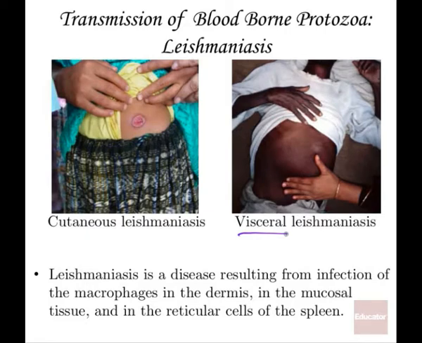And then here, this gentleman, you can see his belly is extremely extended, and that's due to the infection of leishmaniasis in the spleen itself. So depending on the place in which this particular protozoa resides, you can actually see overt signs of that infection.